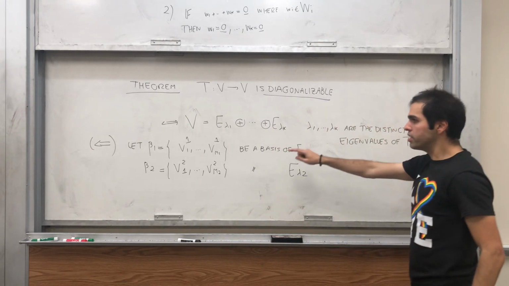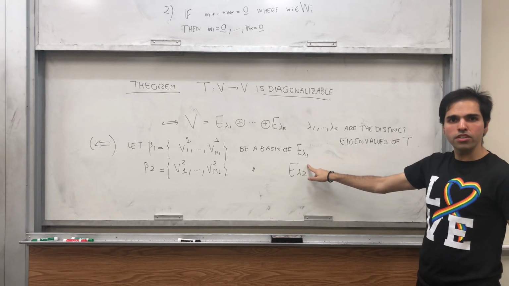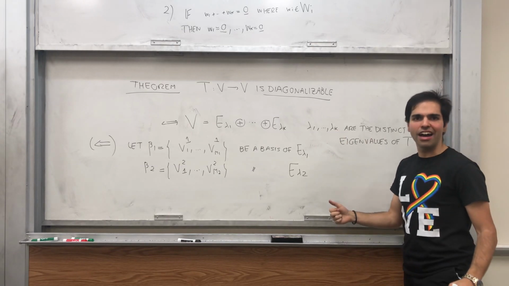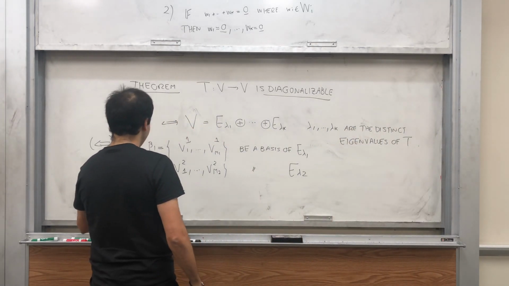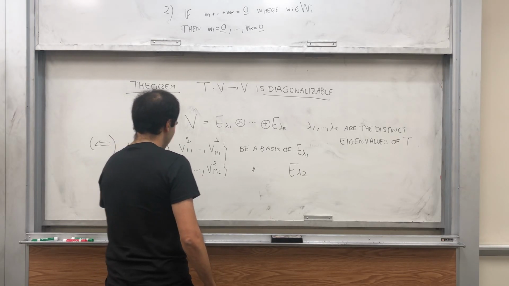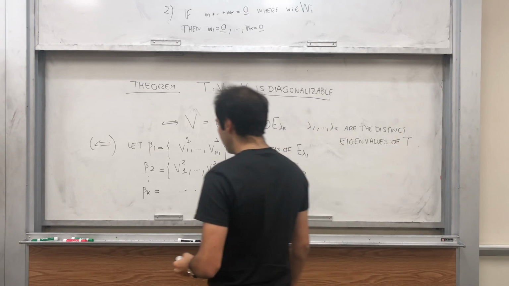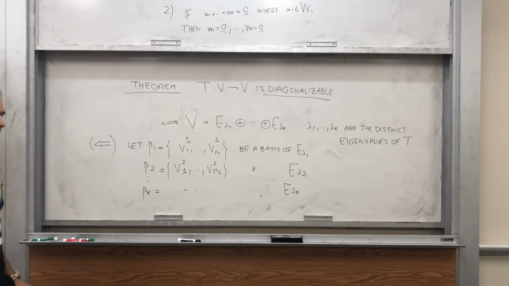And by the way, those are disjoint because it's not possible that you have an eigenvector for one eigenvalue and for a different eigenvalue at the same time. So that doesn't make sense. And lastly, up to beta k, which is a basis for E lambda k. Now you have the bases for each little eigenspace.